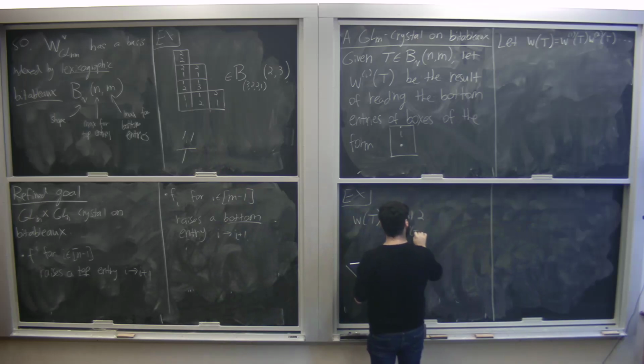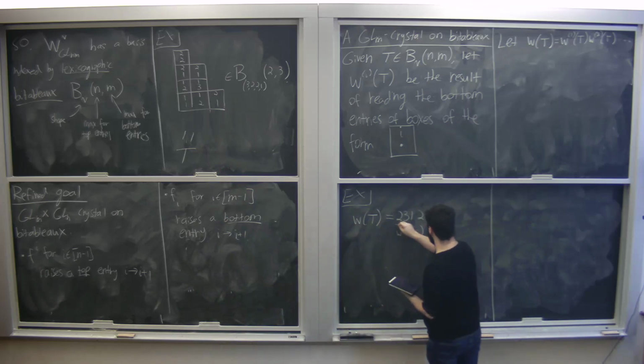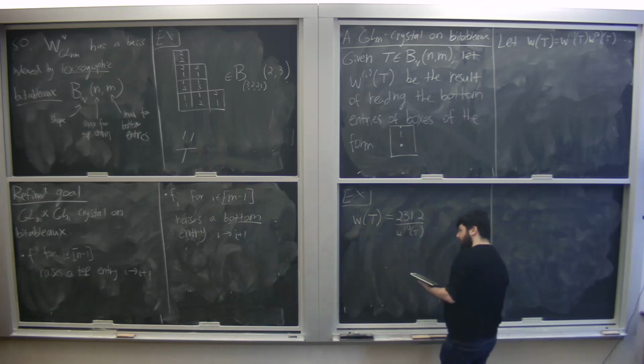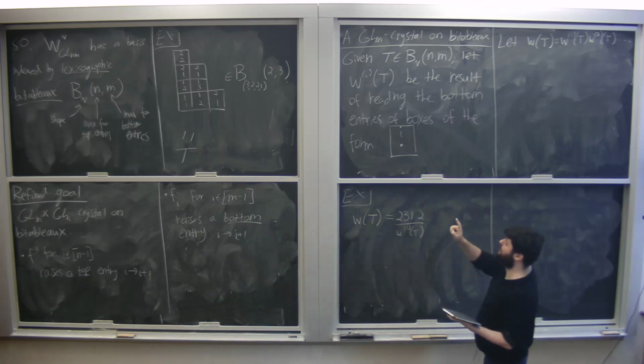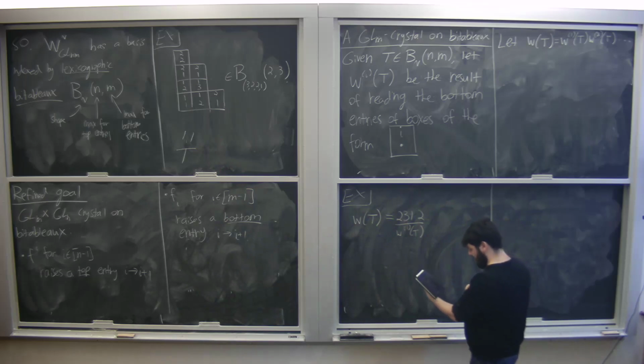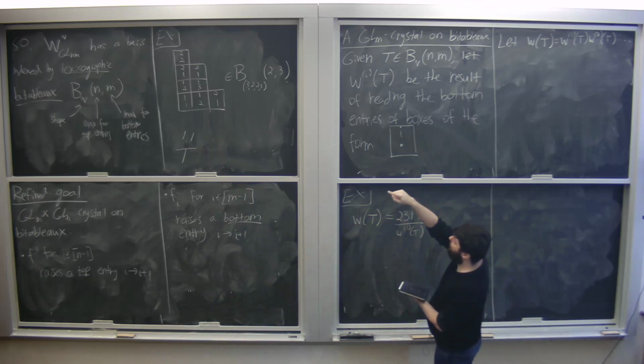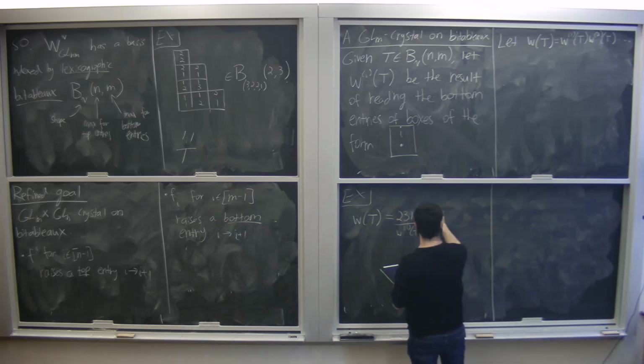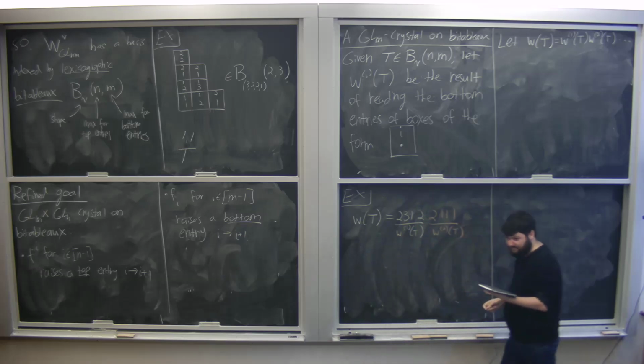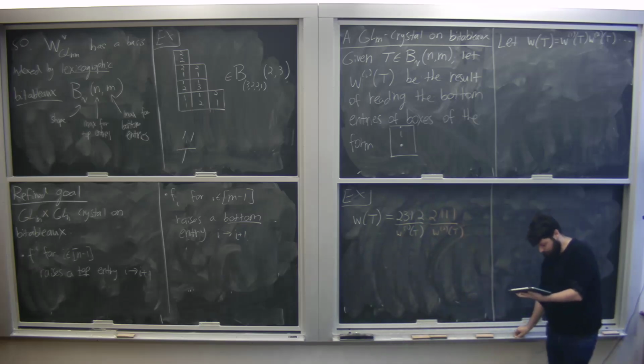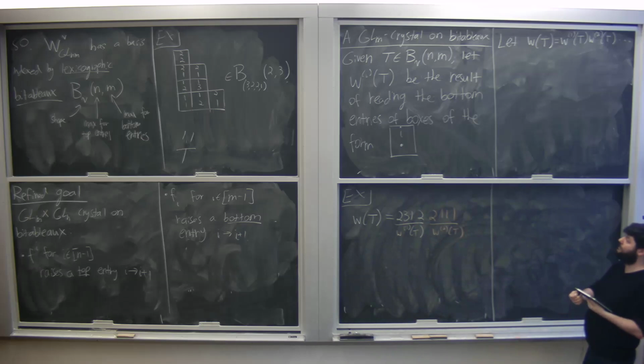That's my W_1 of T. Then if I focus on the ones with top entry 2, I read from the top 2, 1, 1, 1. Okay, so this is my word W of T that I've extracted from this bitableau.